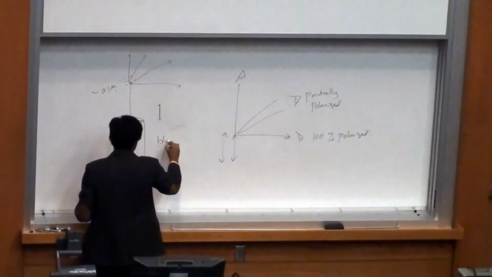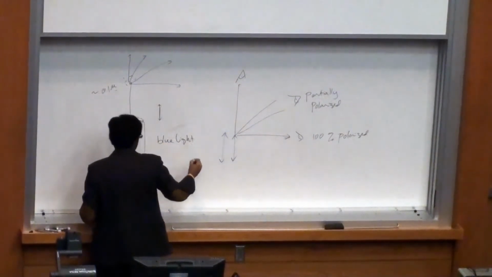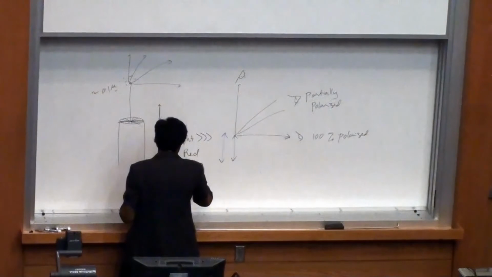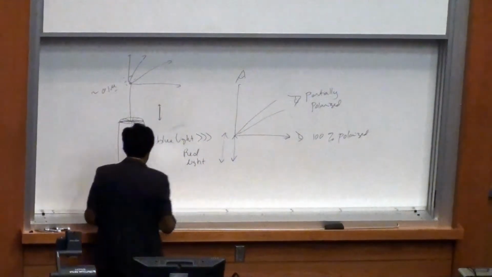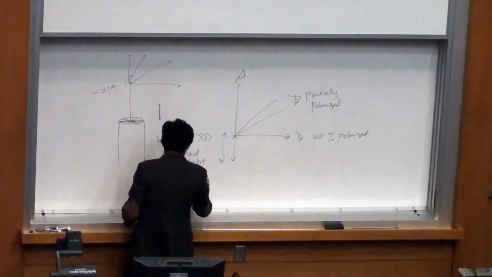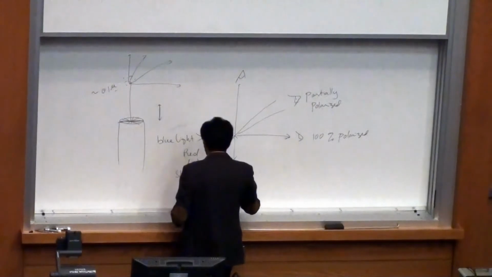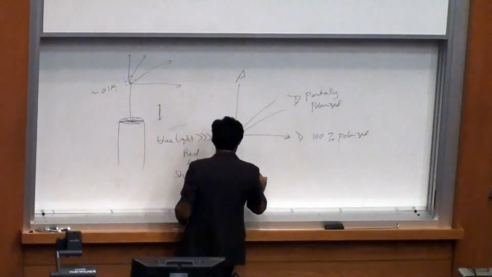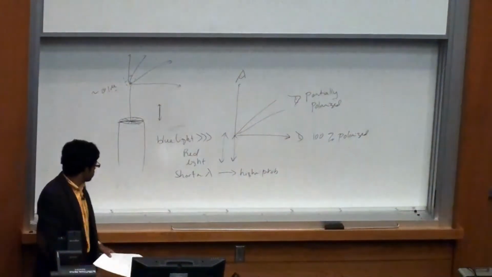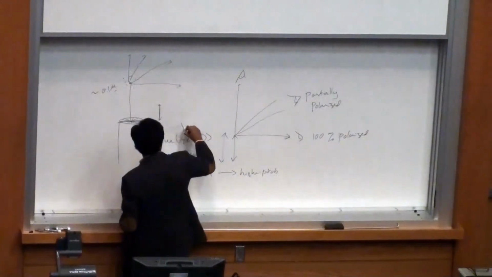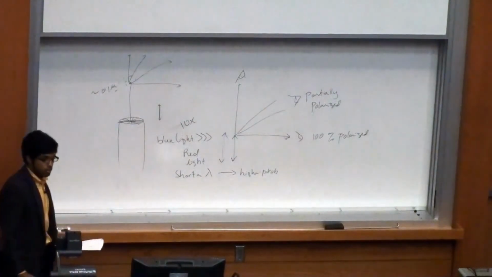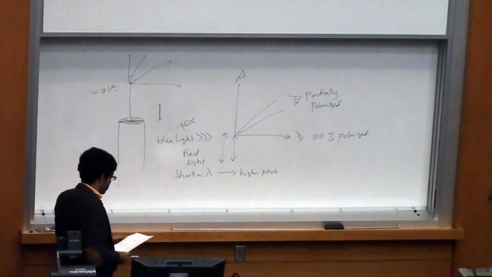So the shorter the wavelength, the higher the probability of scattering. Blue light has about 10 times the scattering probability of red light. So it's 10 times likelier that it will scatter than red light.